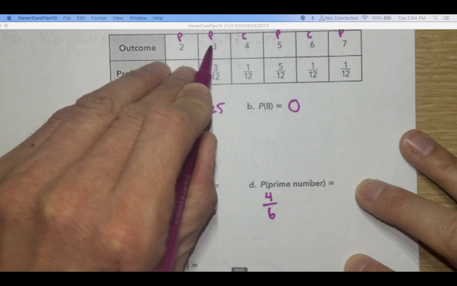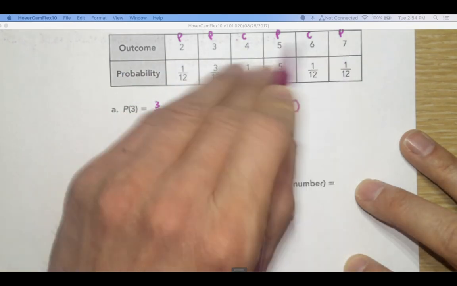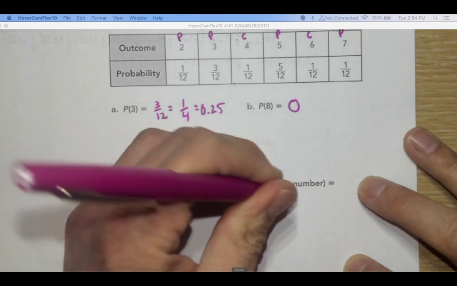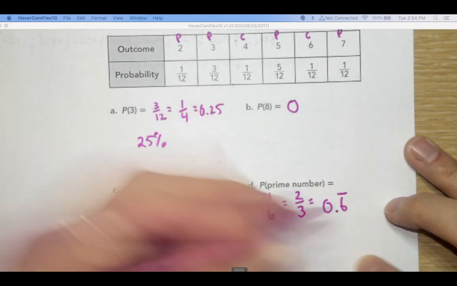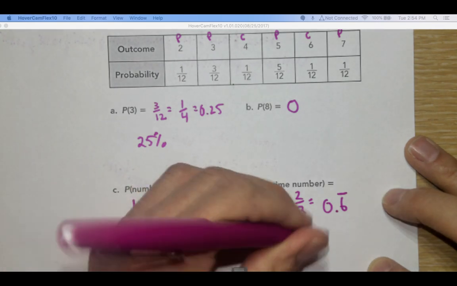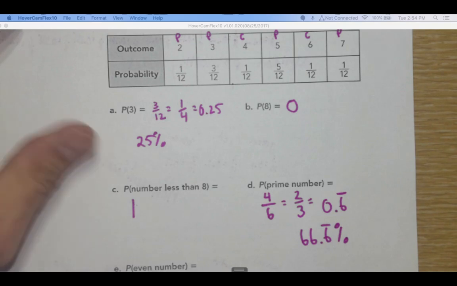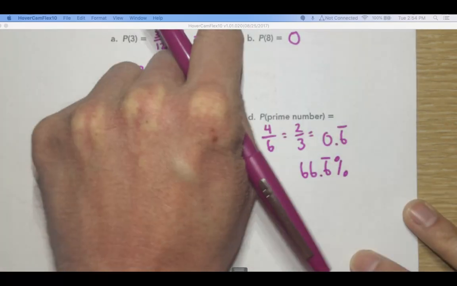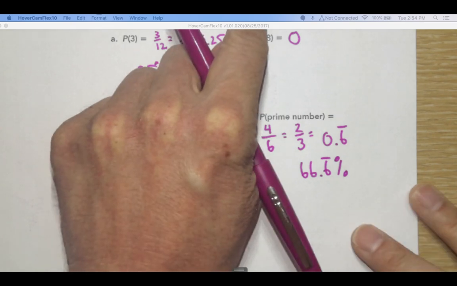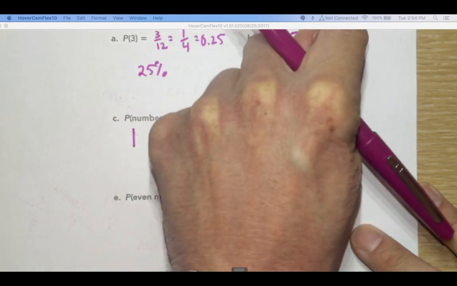Prime, prime, composite, prime, composite, prime. 1, 2, 3, 4, which is 2/3, which I could write as 0.6 repeated or 66.6 repeated percent. Prime has exactly 2 factors; more than 2, it's composite.